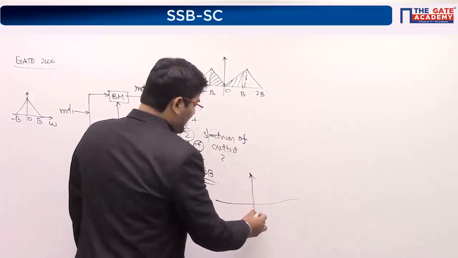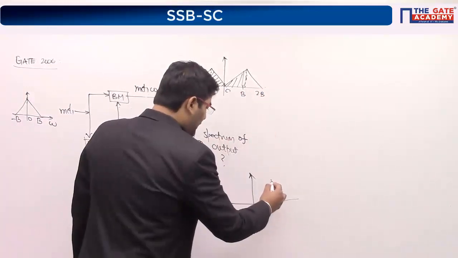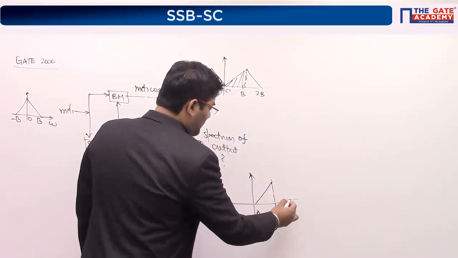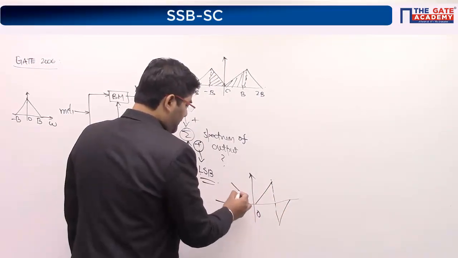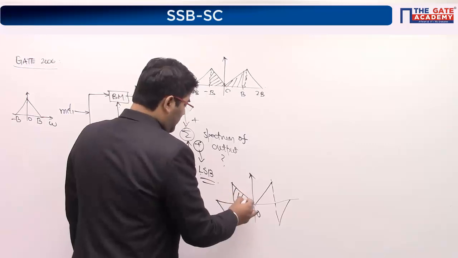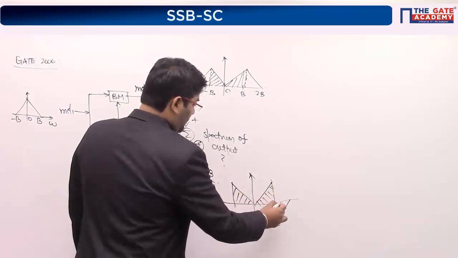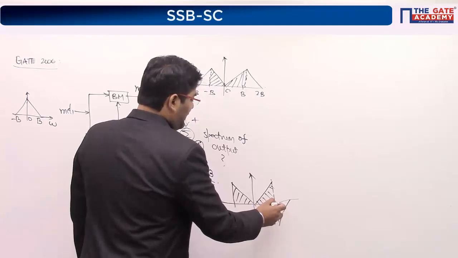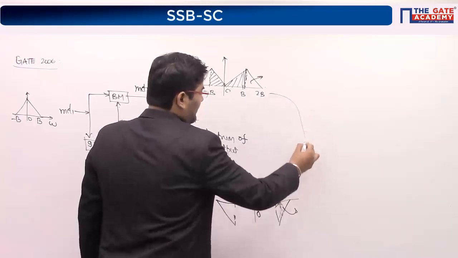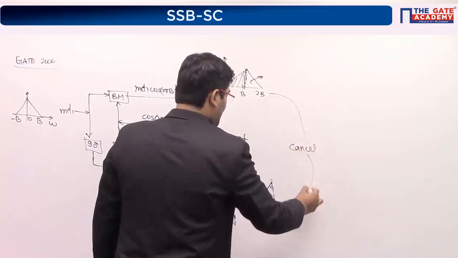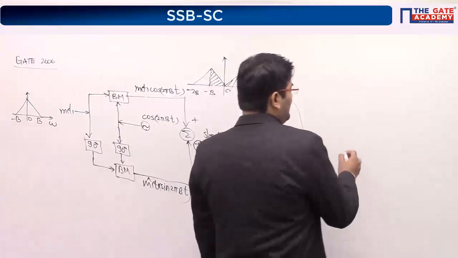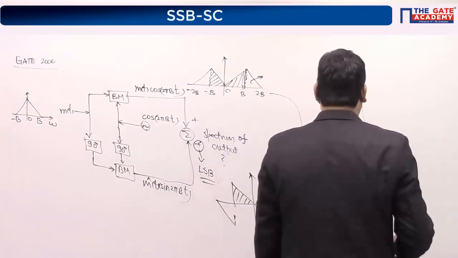You'll have exactly the same, but something like this. So the upper side band will be reversed. Anyway, this is lower side band. For the upper side band, this part and this part will cancel each other. Correct, guys? Yes or no? So the final output would be this. And anyone who has got this, they are right.